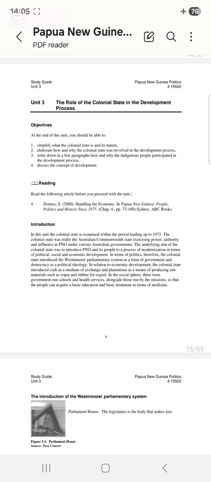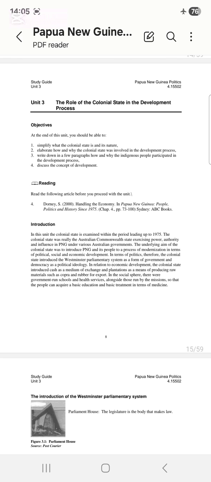So 1973 is when Papua and New Guinea got its self-government, and after 2 years Papua New Guinea got its independence.